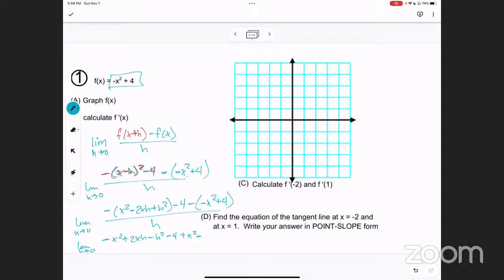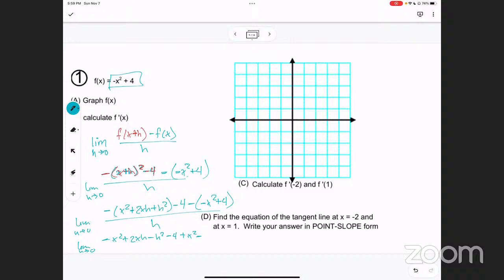I'm missing something. Shouldn't have a minus 4 here. Oh, this should be plus, shouldn't it be? Not minus. My bad. So this is plus, I made a mistake there. x squared plus 2xh plus h squared minus 4.